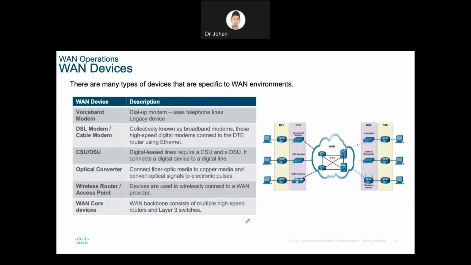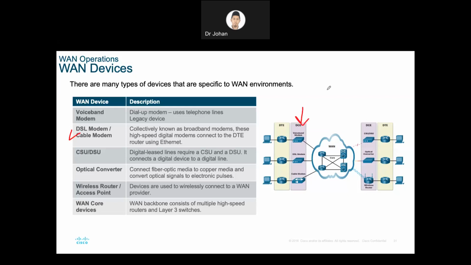There are many types of devices that are specific to one environment. So we have the voice modem. It is a dial-up modem, a legacy device that uses the telephone line. And we have the DSL modem or cable modem.